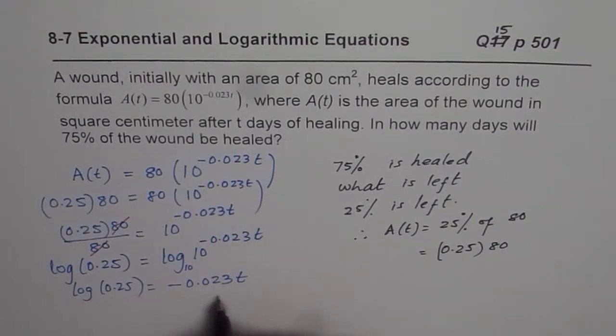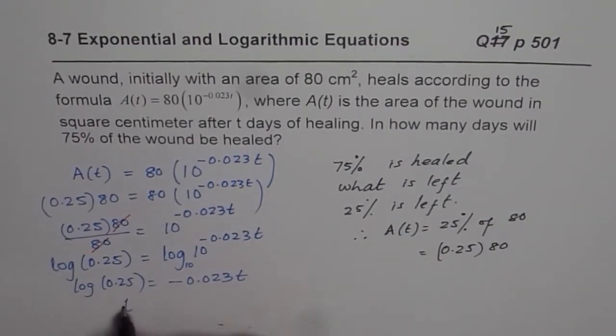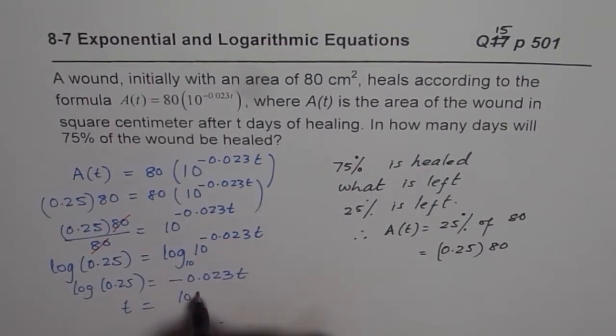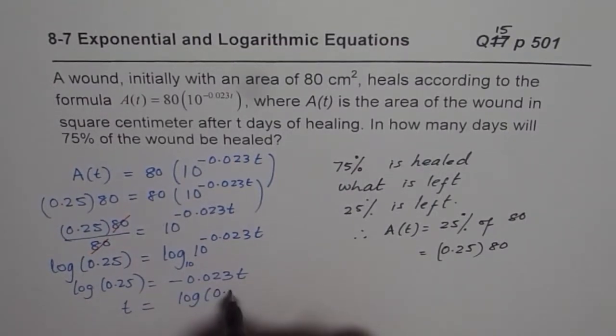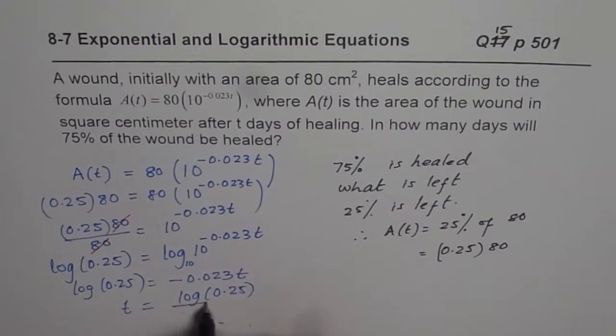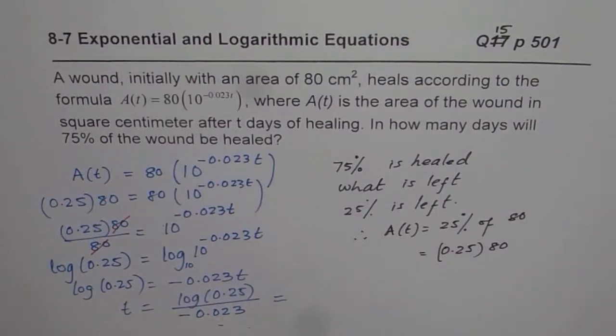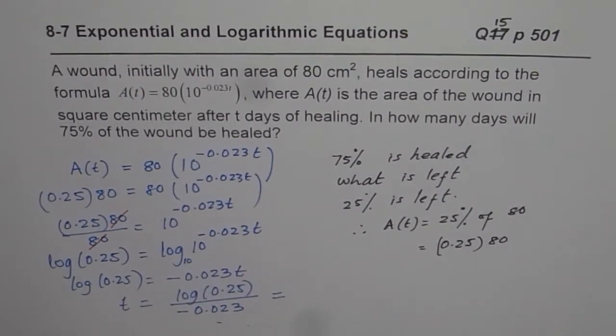So let me write down the value of t as t equals log of 0.25 divided by minus 0.023, right? So at this stage you can use the calculator, find the answer.